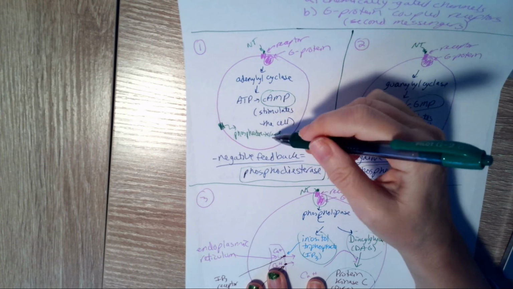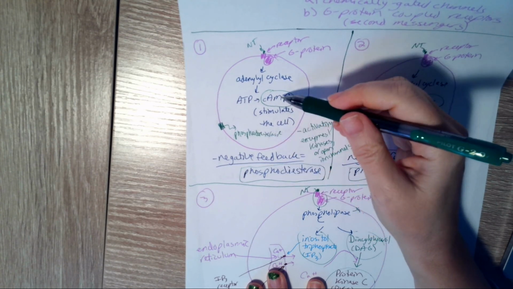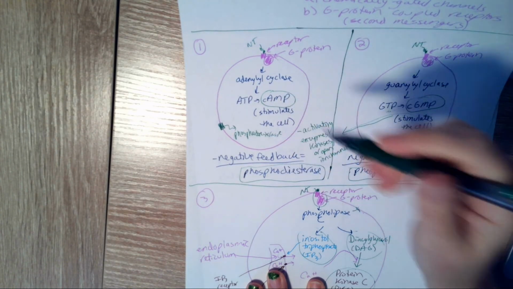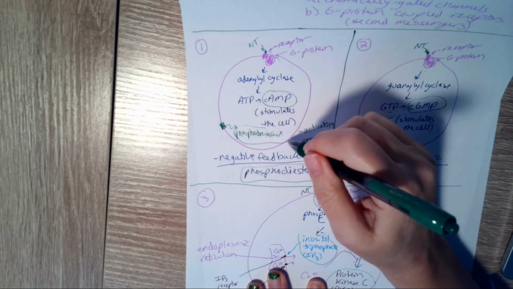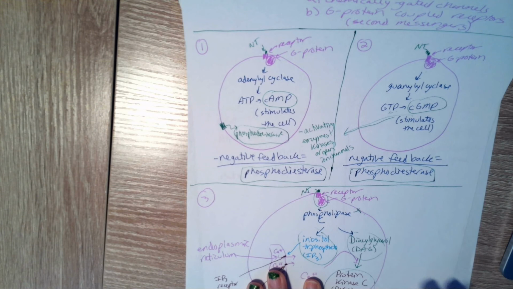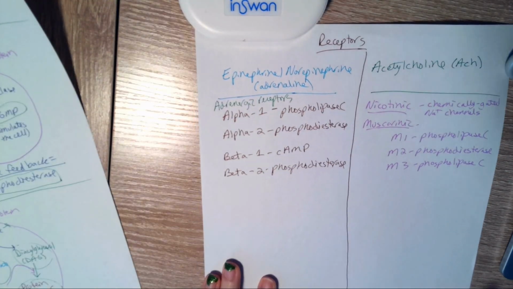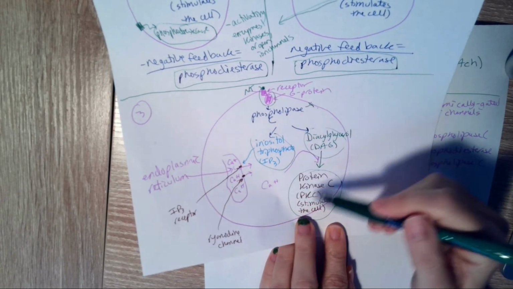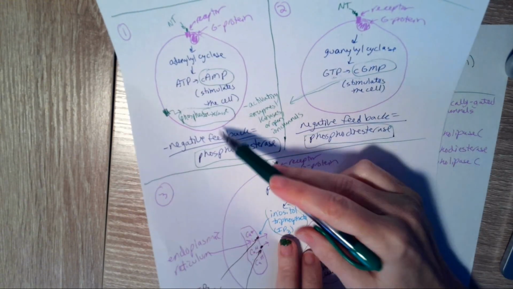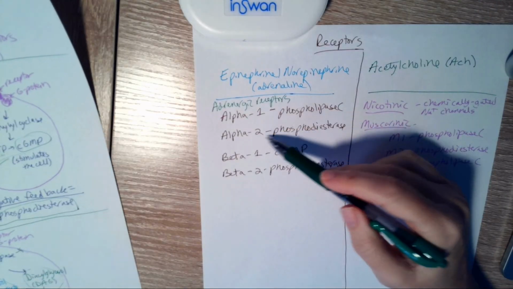Now what does phosphodiesterase do? It breaks down cAMP. It breaks down cGMP. Both of those things are stimulating a cell. So if we have more phosphodiesterase inside of a cell, we're going to be inhibiting a cell. We're going to be slowing the cell down. With phospholipase C, this one, for example, we're stimulating a cell. With phosphodiesterase, we're inhibiting a cell.